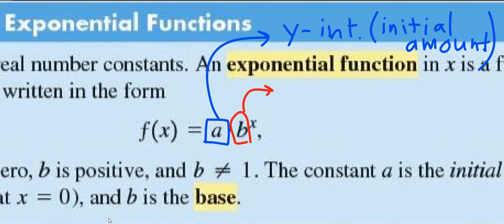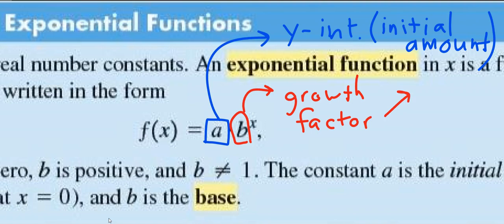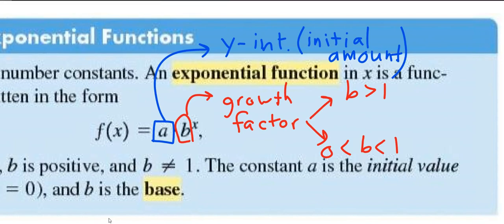Okay, the B value is what we call the growth factor. And that growth factor can take on values larger than 1, and it can take on values between 0 and 1. Now, if it's a value greater than 1, what word do we use? Growth or decay?